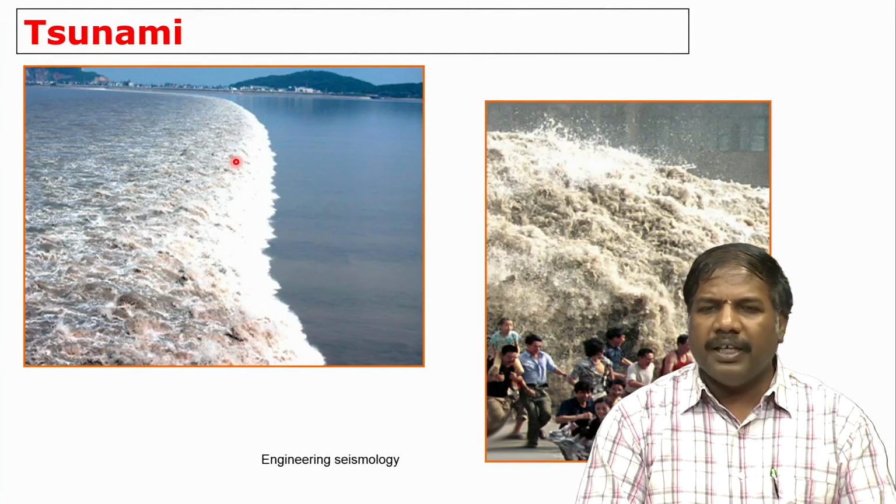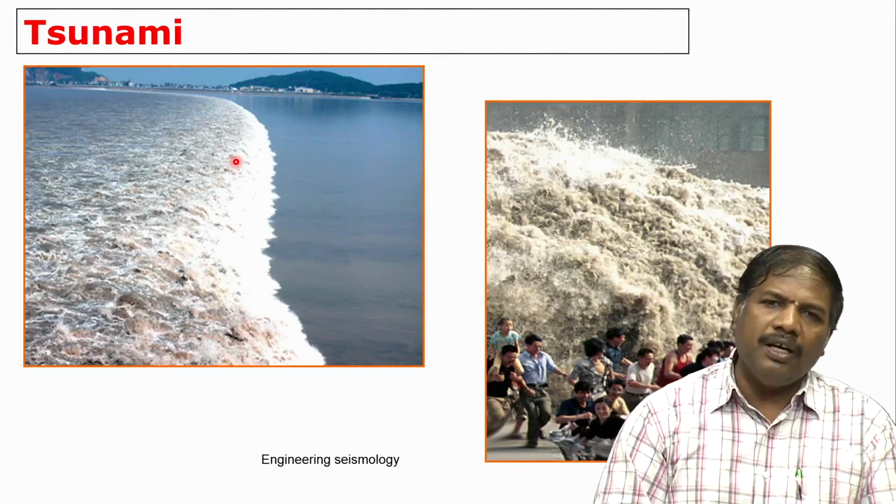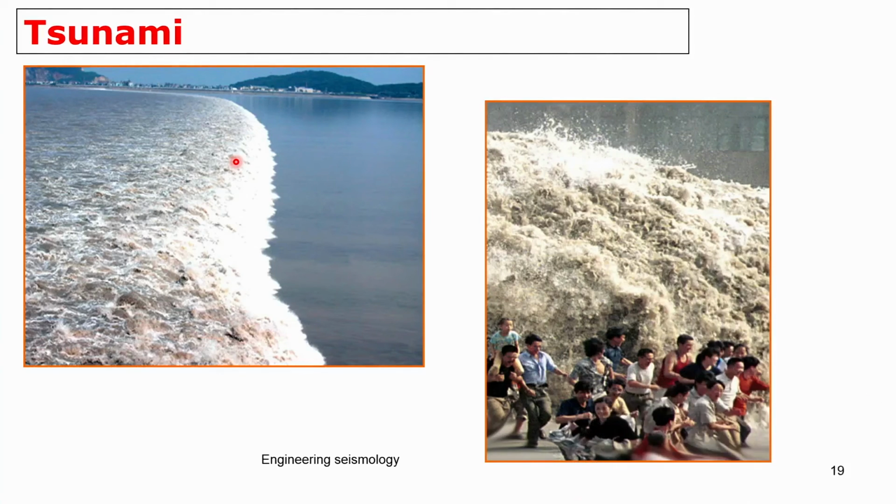Tsunamis are expected to occur only in places where the city is located on the coast. The earthquake occurs below the sea or a big water body. The fault is located there, and this fault causes a vertical displacement. That displacement leads to an enormous release of energy into the water.